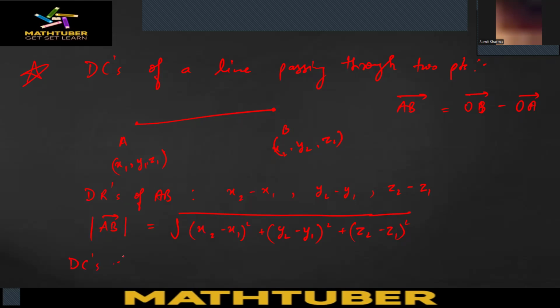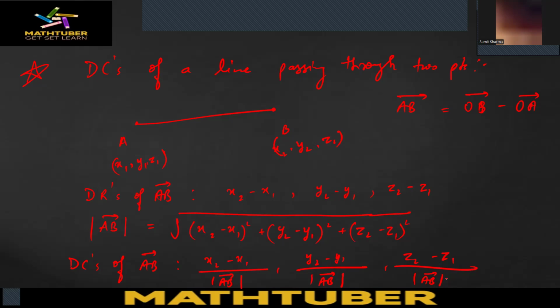So the direction cosines of the AB vector will be x2 minus x1 upon magnitude of AB, similarly y2 minus y1 upon magnitude of AB, and z2 minus z1 upon magnitude of AB. So these are the direction cosines of the AB vector. That's the easy one.